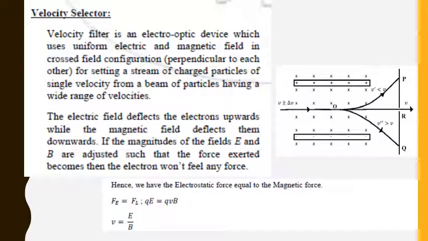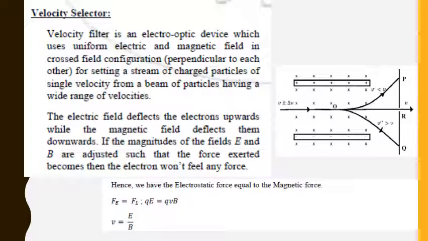Velocity selector is a part of mass spectrograph. As is clear from the name, it is used to select a velocity. If your stream of charged particles has different velocities, then it can be separated out by using this device, by using this arrangement.